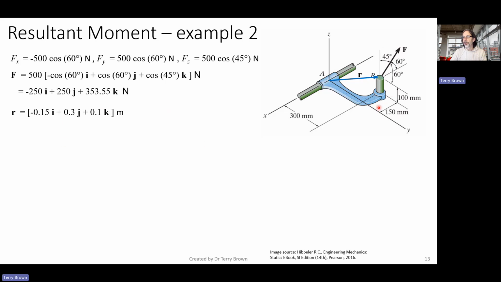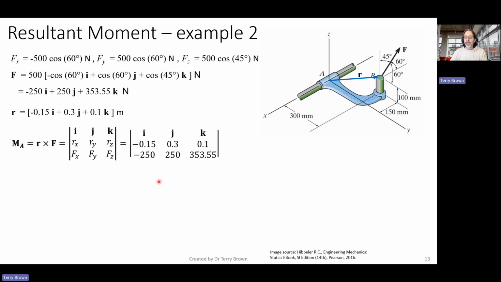Again, I've just converted millimeters to meters here in my calculations. In the Y direction, it goes from A to B 300 millimeters, and in the Z direction or K direction, we go from A up to B, so that's 100 in the positive K direction. All right, so that gives us our position vector.